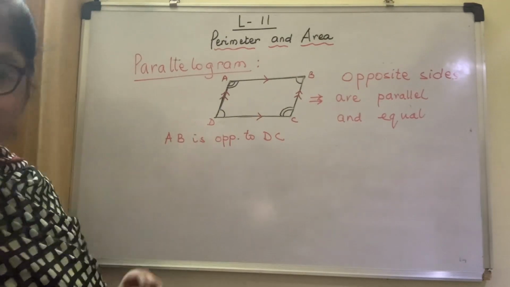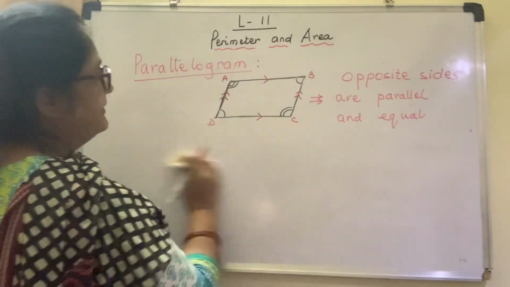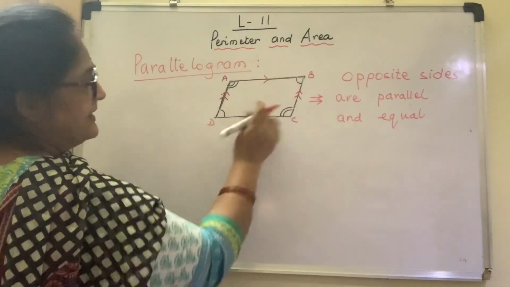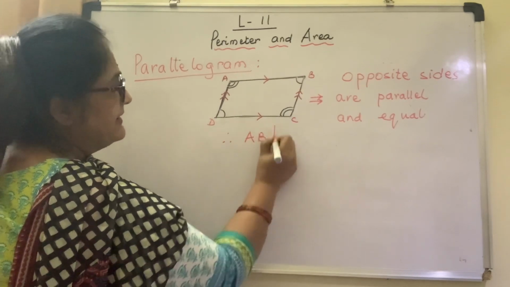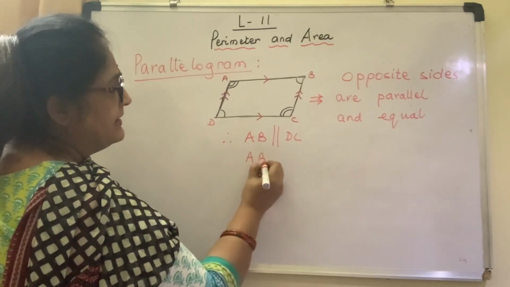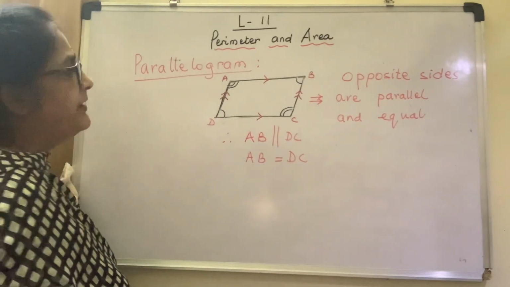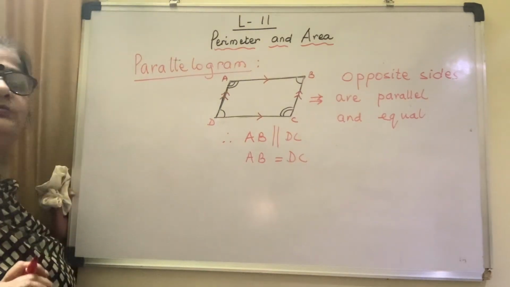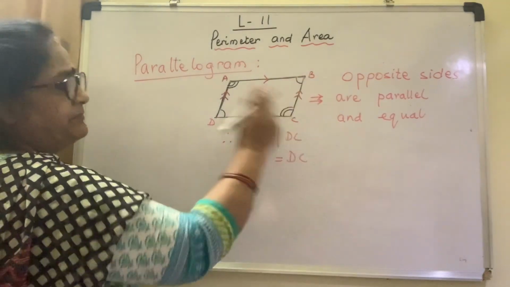AB is opposite to DC, so these two are opposite sides. Therefore, AB is parallel to DC and AB is also equal to DC. Now, which are the other two opposite sides? AD and BC.